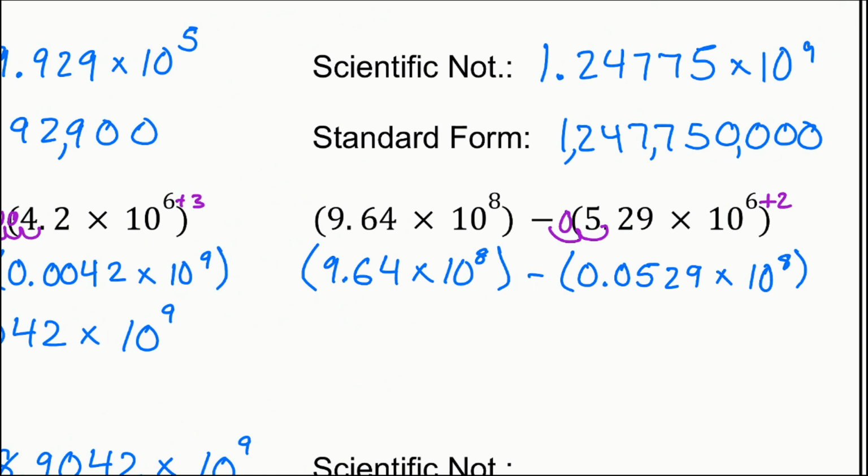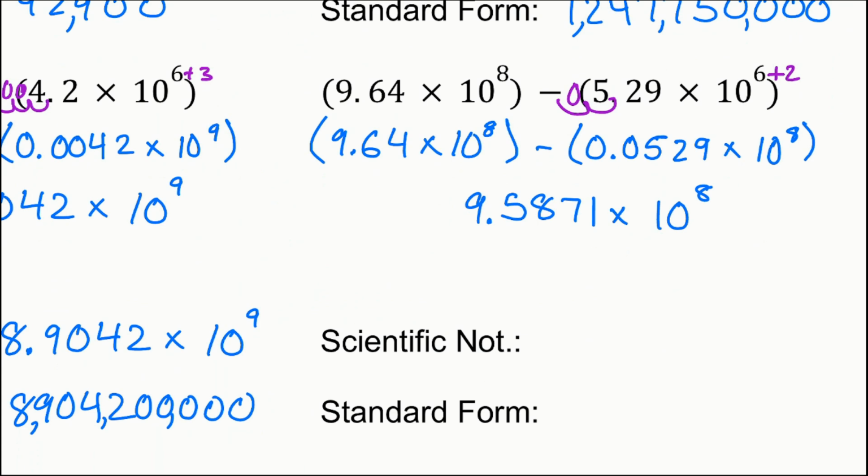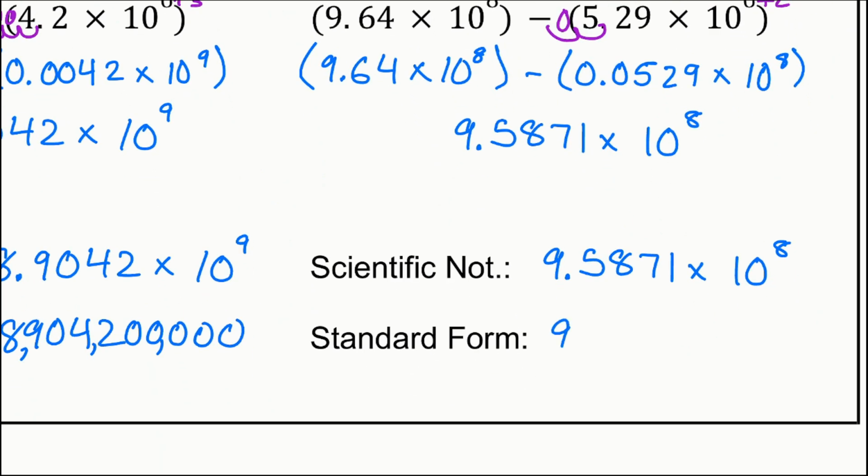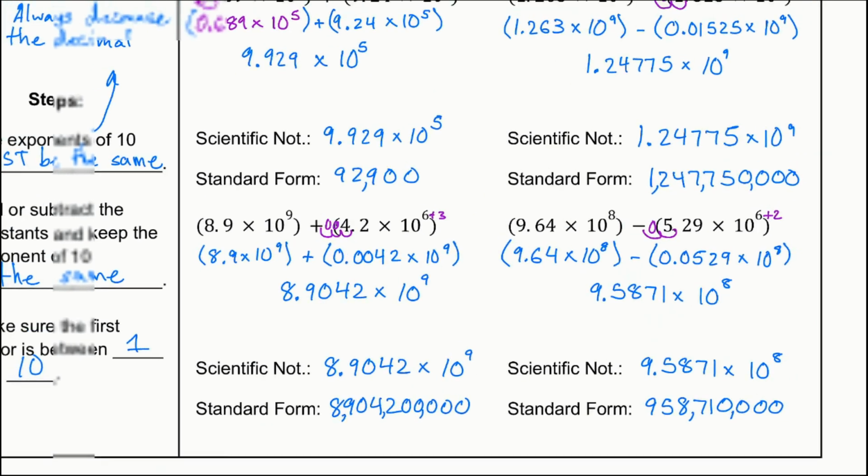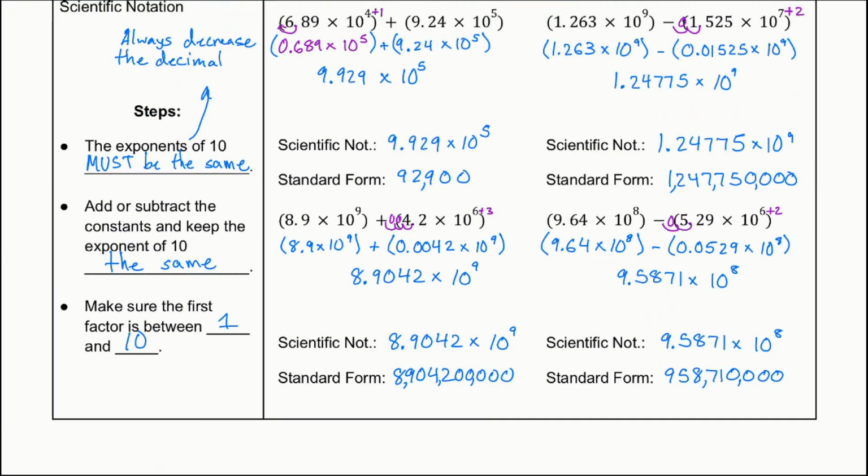That's definitely going to be within scientific notation. So 9.5871. Keep that 10 to the 8th because we don't have to adjust the decimal. That should be it. Scientific notation. Standard form, let's see. So it's going to be 95871. 1, 2, 3, 4, 5, 6, 7, 8. Okay. Whew. I believe that is it.